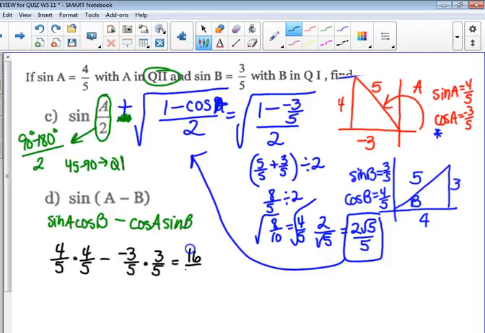So I have 16/25 minus a negative or plus a positive 9/25. Yep.